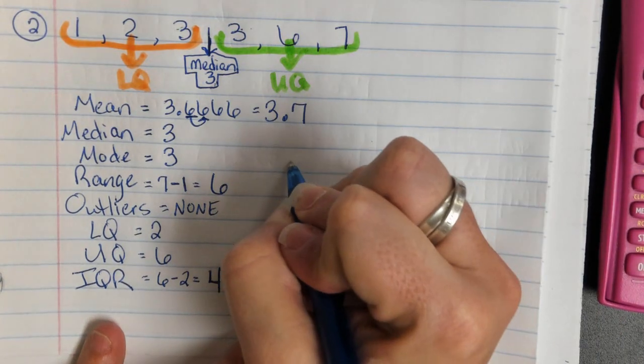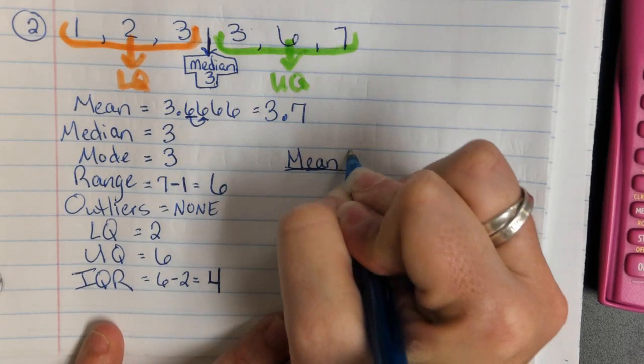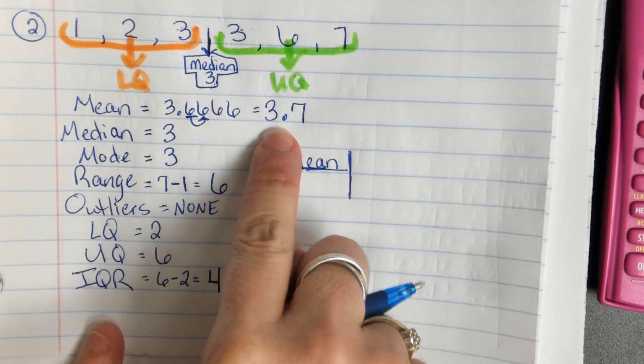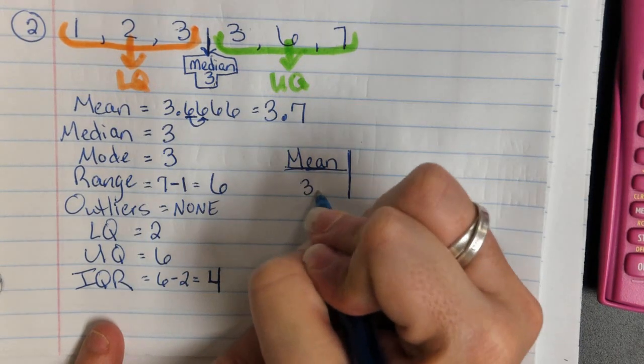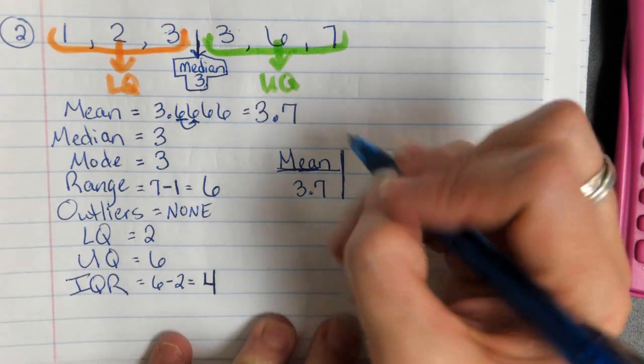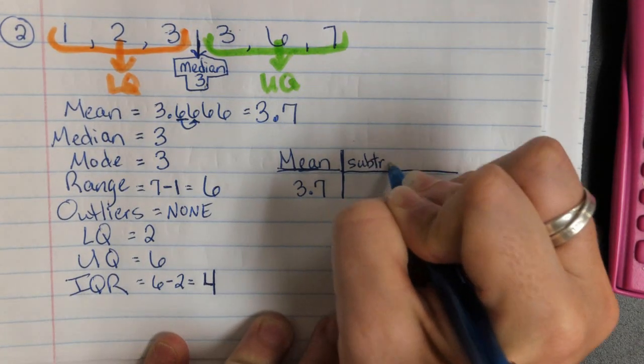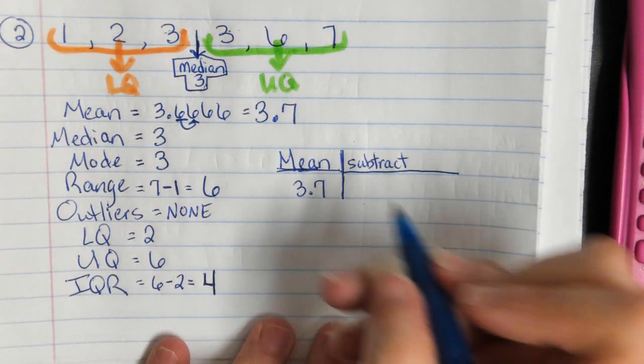Here we go. Now, not too bad because the mean is already made. The mean is 3.7. Okay. Now, I'm going to do all the subtraction. I'm going to list the data.